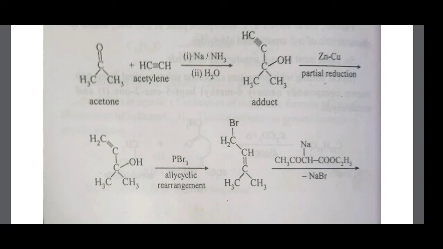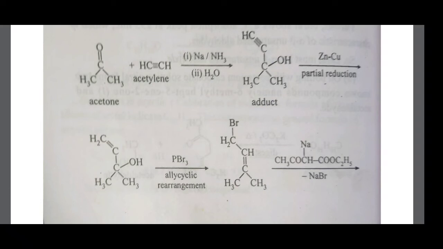Only this product is the rearranged one. I am showing the structure of the rearranged product: CH2Br, CH double bond C, CH3. Then this rearranged product reacts with CH3CO CHNa COOC2H5.